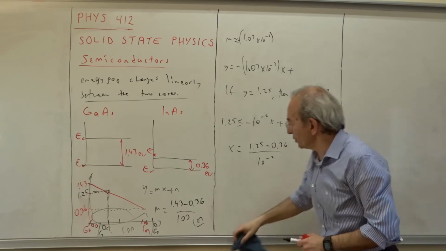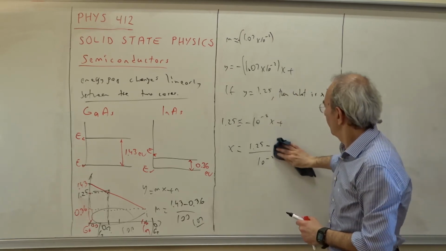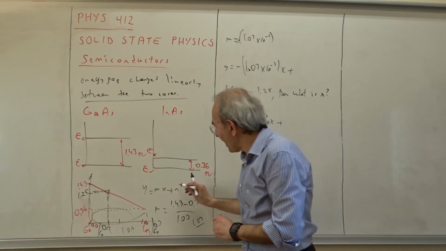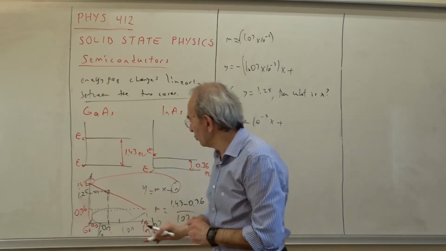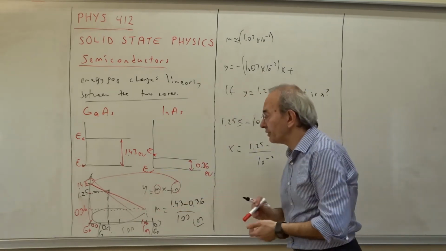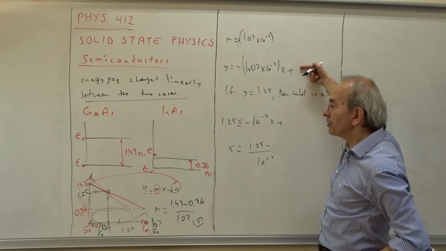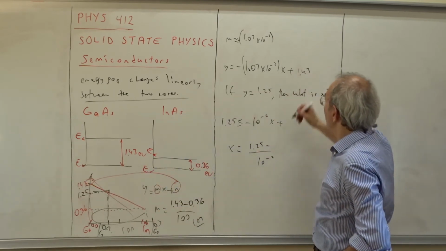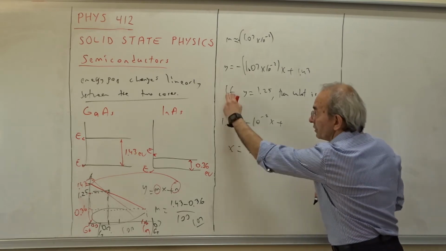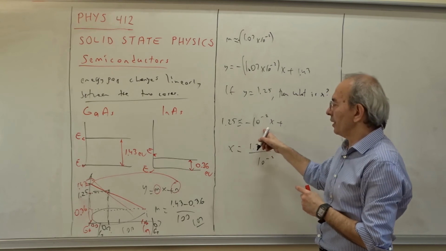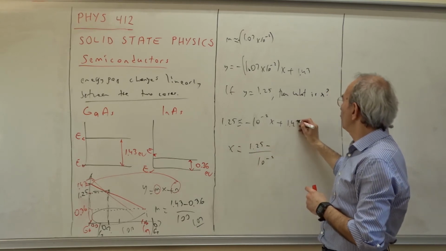So the intercept corresponds to this value, and the slope is the slope of this line. M is a negative number, and the intercept is 1.43. So 1.25 is the required value for the y parameter, equal to minus the slope times x plus 1.43.